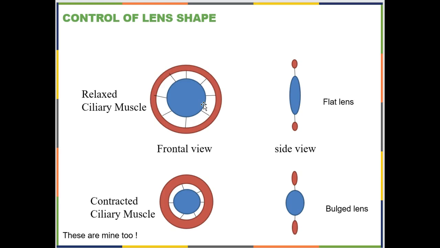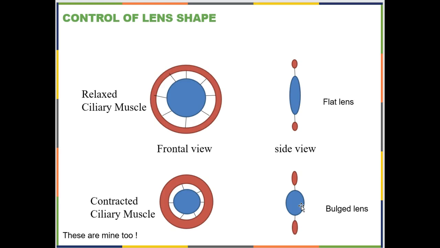When your ciliary muscle contracts, the circle gets smaller. That eases the tension on the ligaments that are connected to the lens, and then the lens relaxes and assumes its naturally more rounded or bulged shape. So your lens, left to its own devices, wants to be kind of rounded, and when your ciliary muscle relaxes, that pulls it thin.